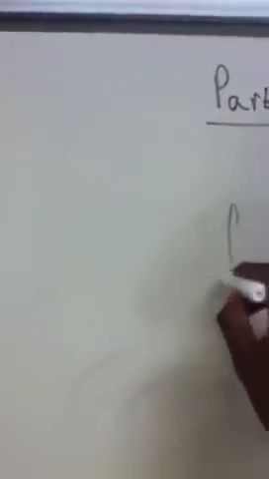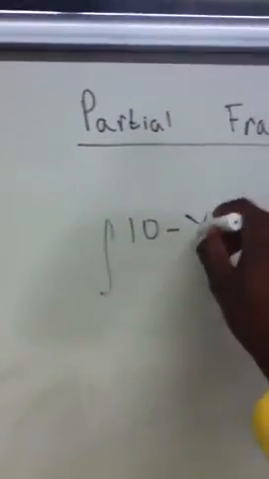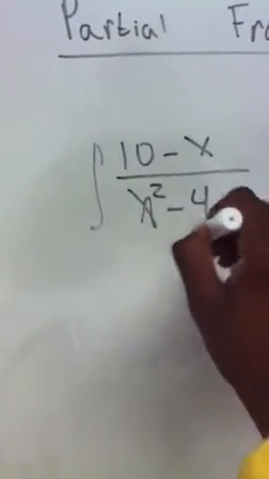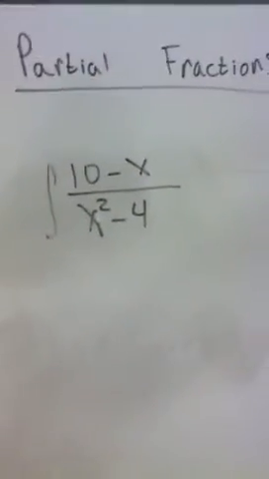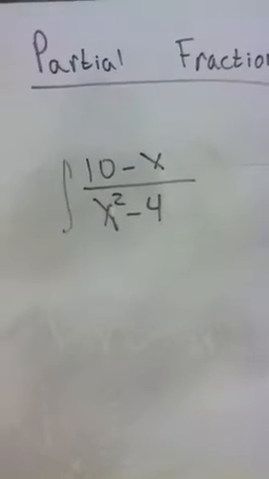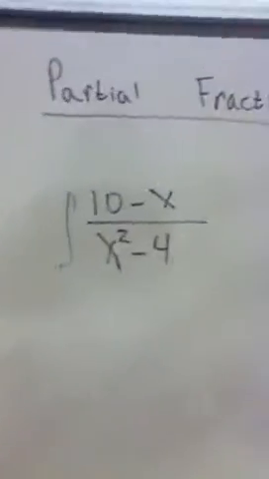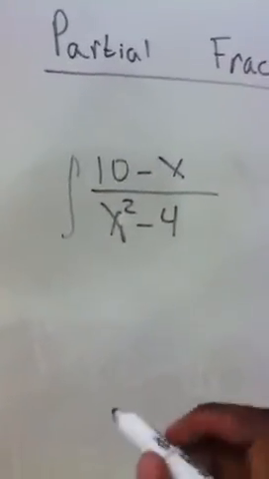So, the example problem that we're going to do is the integral of 10 minus x over x squared minus 4. To begin with partial fractions, what you should first do is factor the denominator to have the two functions.